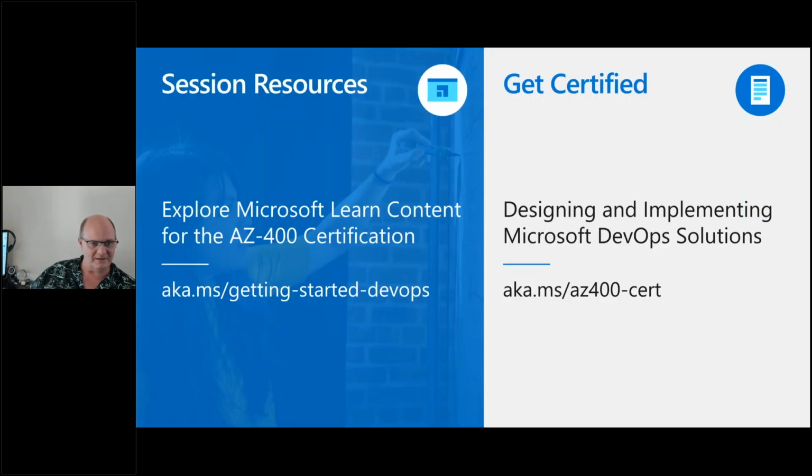We also have Getting Started DevOps, an overview, and this will lead you into a Learn module. This takes you to the AZ-400 DevOps certification called Designing and Implementing Microsoft DevOps Solutions. So that's a good resource as well.